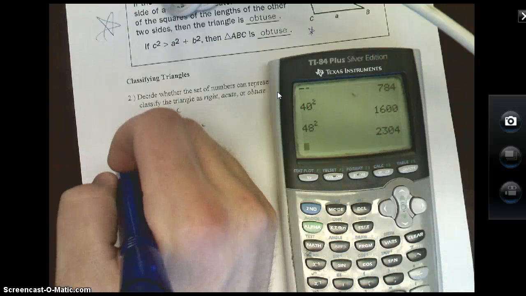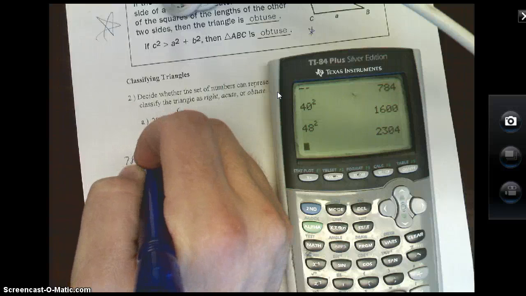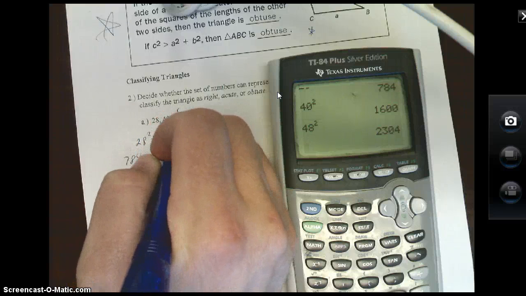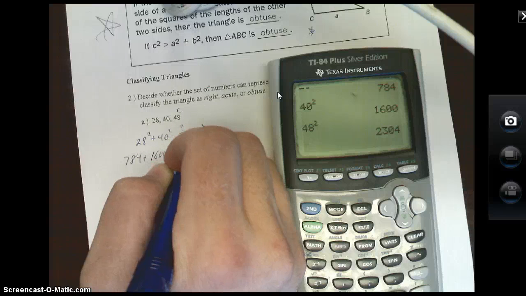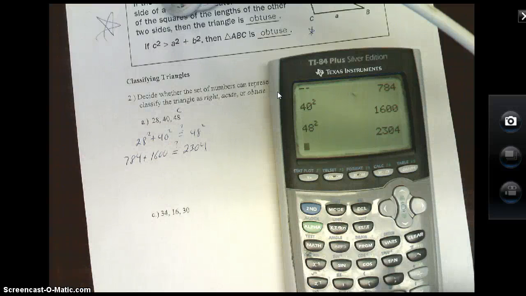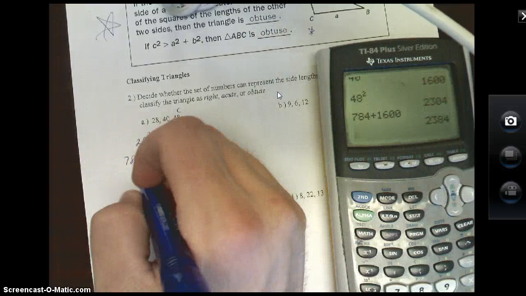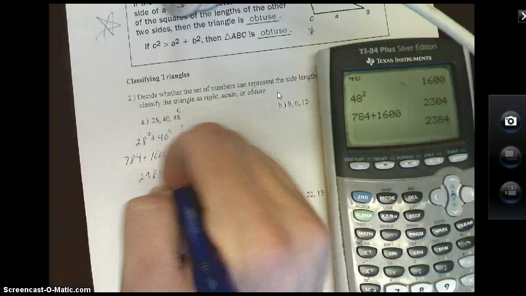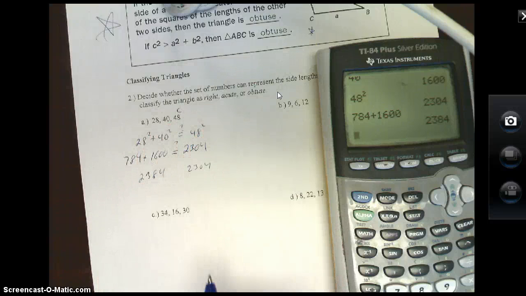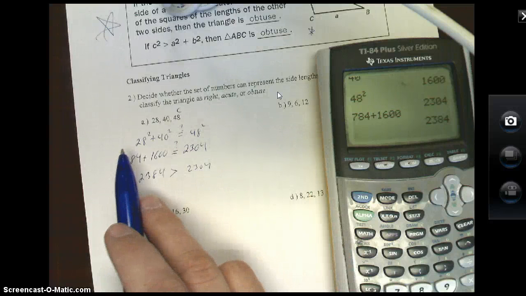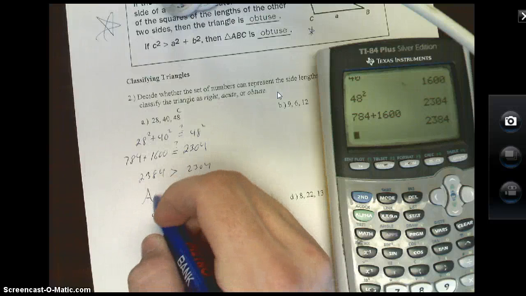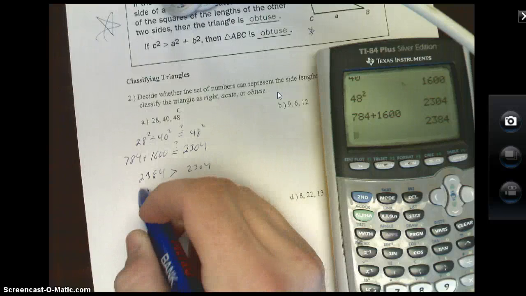So 784 plus 1600, see if it equals 2304. 784 plus 1600 equals 2384, and then this is 2304. Which one's bigger? 2384 is larger. Because this was your a squared plus b squared, this would make it an acute triangle.